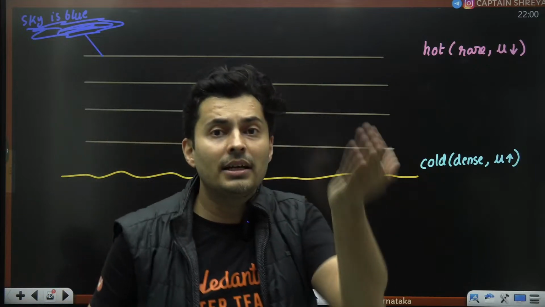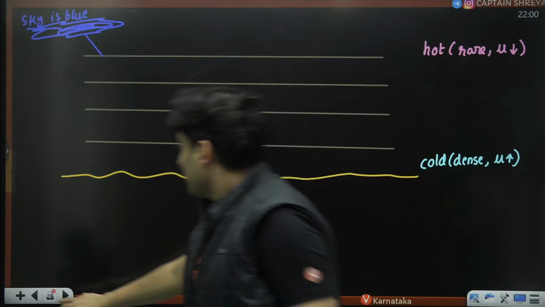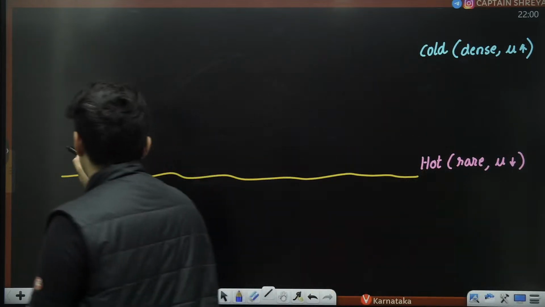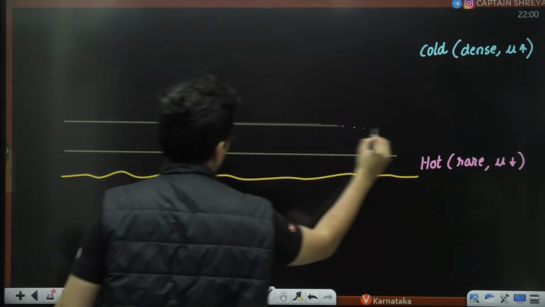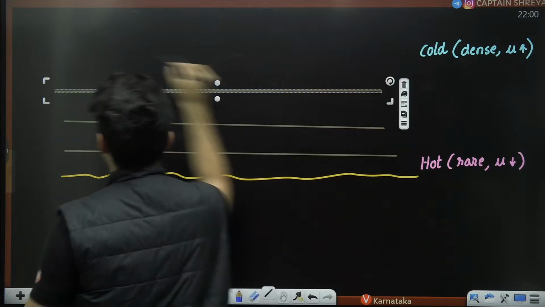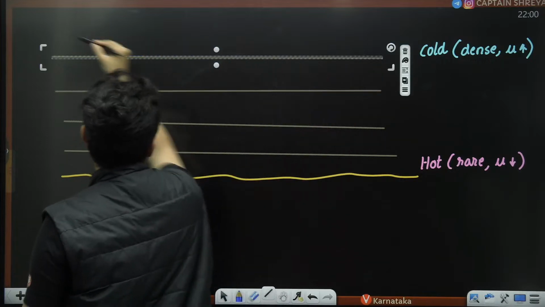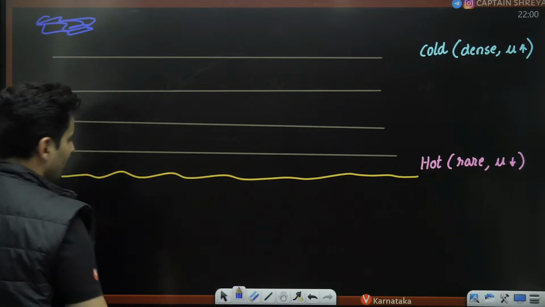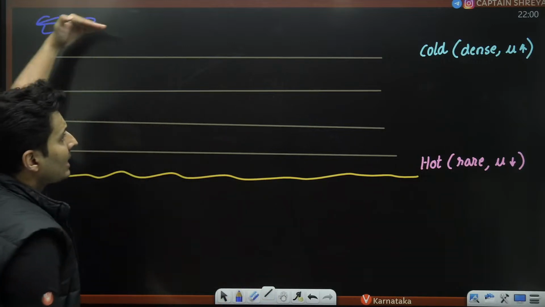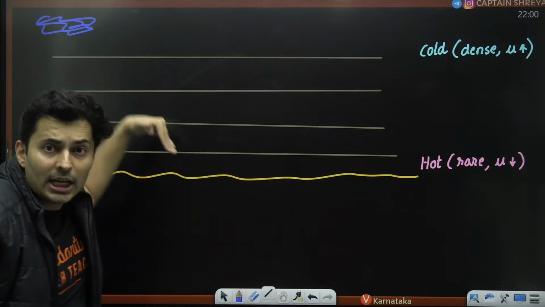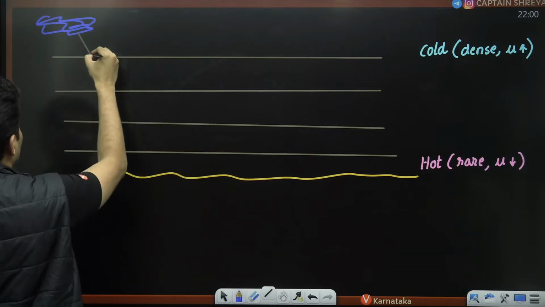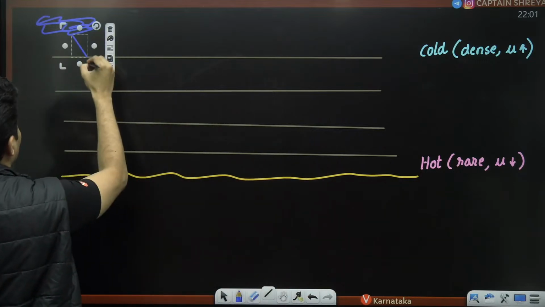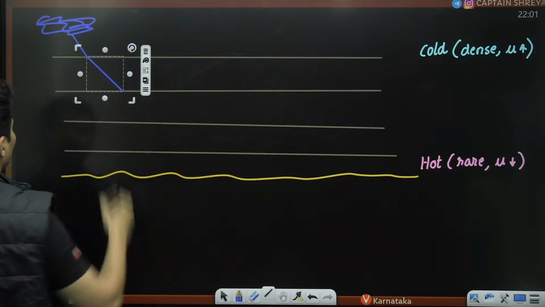Similarly, over here, if the bottom part is hot, and this is the sky emitting blue color, as you go from dense to rare, the light will bend away from the normal. So this particular light ray will definitely bend away from the normal.